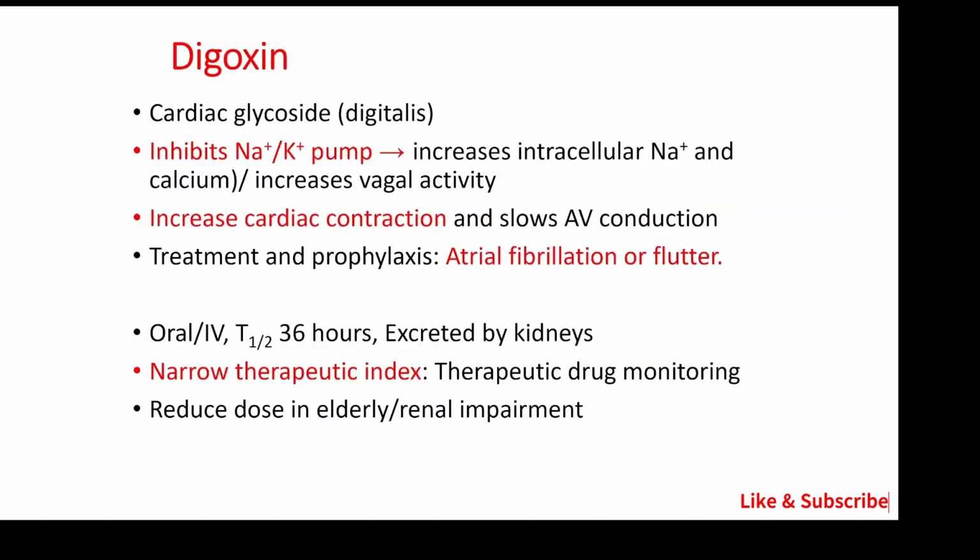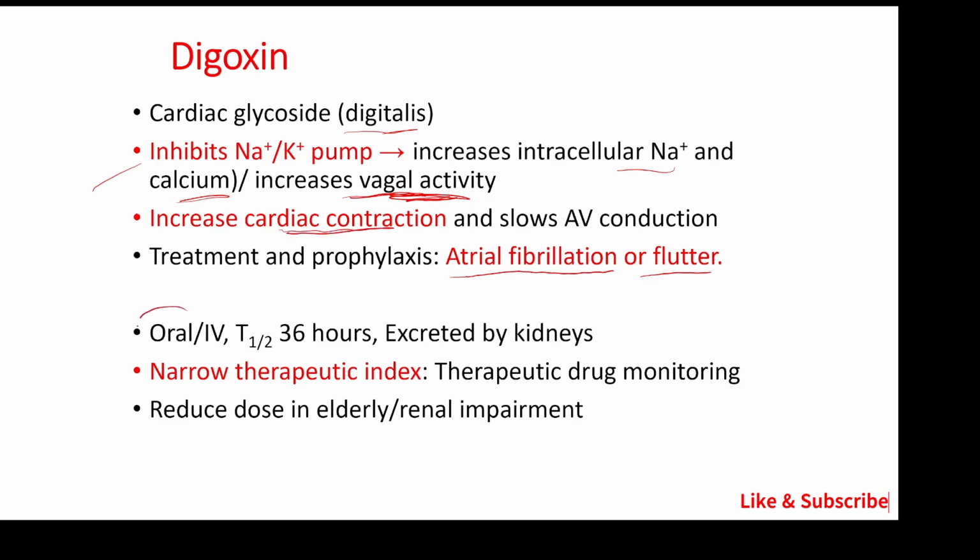Okay, digoxin belongs to the digitalis group. It inhibits sodium potassium ATPase, increases intracellular calcium and sodium in the cells, increases vagal or acetylcholine activity, and increases heart contraction. Digoxin is used for patients suffering from atrial fibrillation or atrial flutter.